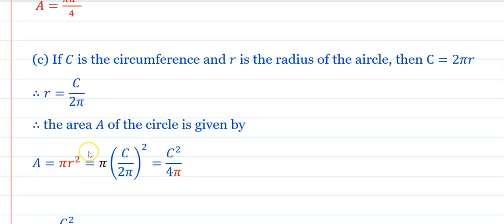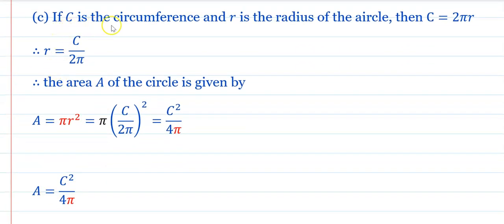Now the next, if C is the circumference and r is the radius of the circle, then C is equals to 2 pi r. r is equals to C upon 2 pi. The area capital A of the circle is given by A is equals to pi r square. With pi as it is, and the value of r is C upon 2 pi bracket square.